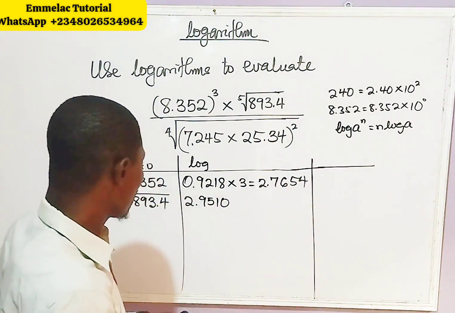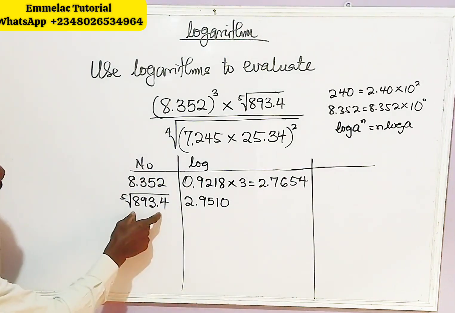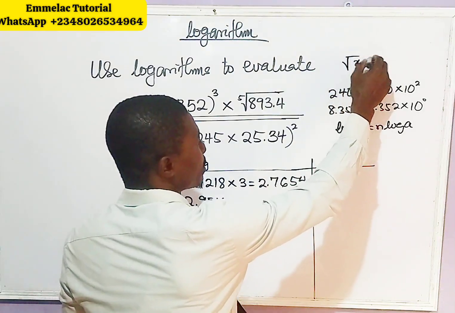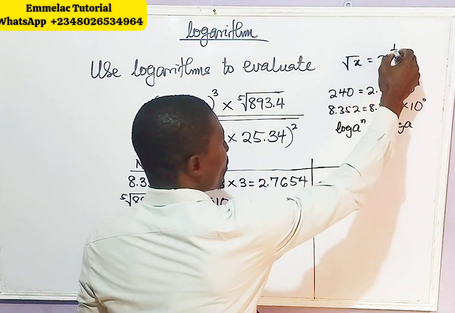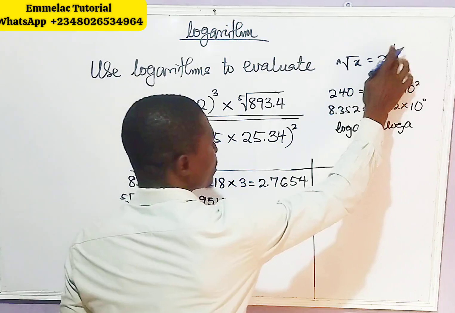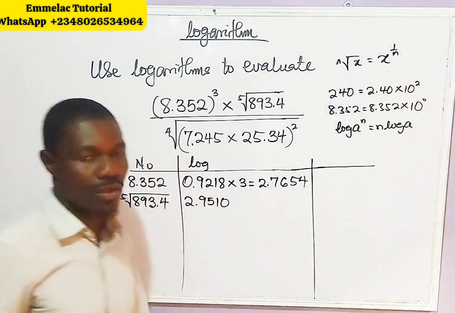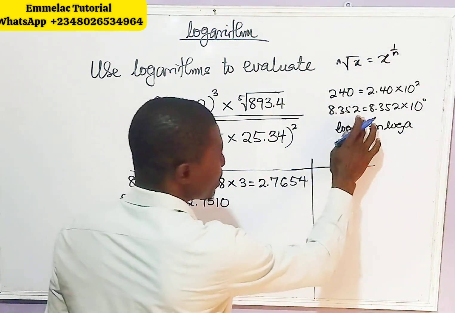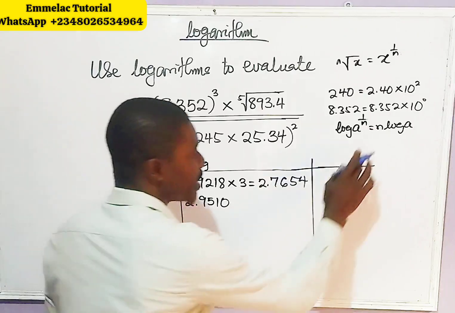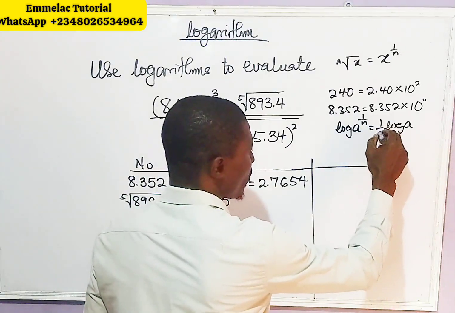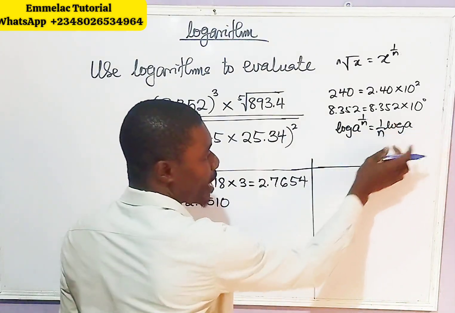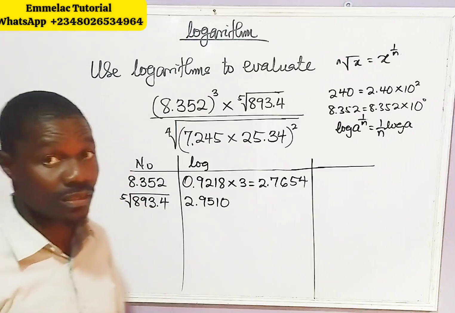Now take note, the square root of x simply means x raised to the power of 1 over 2. Now if it is n, it means 1 over n. So if we now say this is 1 over n, it implies the log of the number divided by n.